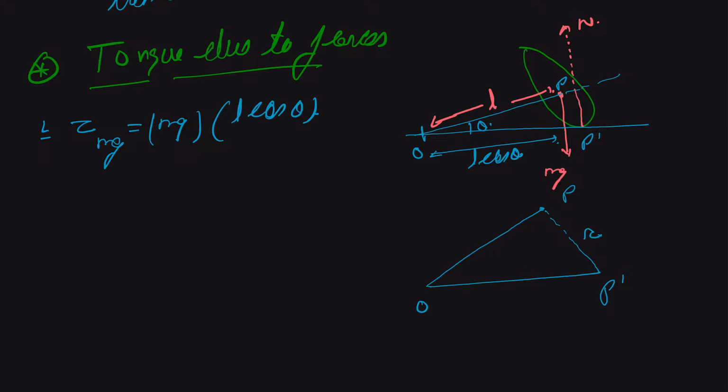So this is our radius and this is our length, angle theta, and this is our 90 degrees. And the normal is somewhere here.